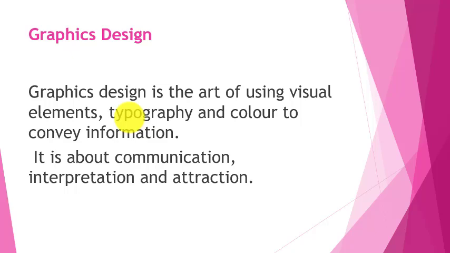Again, the art of using visual elements, typography, and color to convey information. Now, this is to tell you that graphic design is an art. So it gives room for creativity, imagination. So you have to think to produce something. It is about communication, interpretation, and attraction.